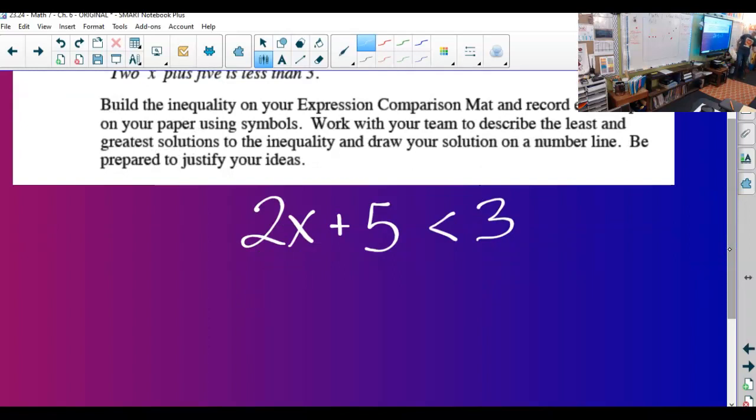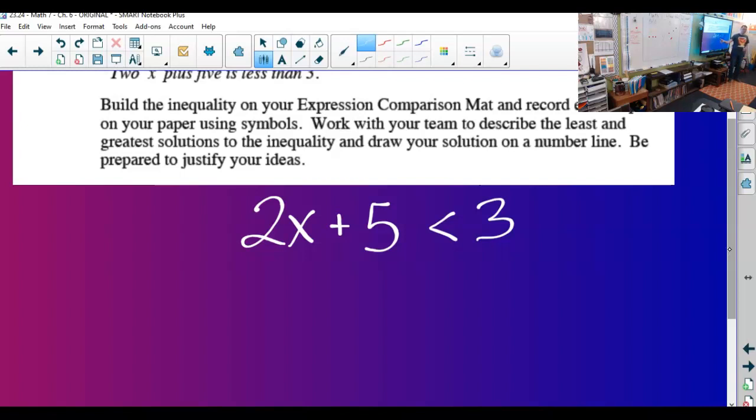Bethany, what could I do to start getting that x by itself? I'm going to give you a hint. Deal with the constant first. Deal with the coefficient last. So the constant is the number without the variable.